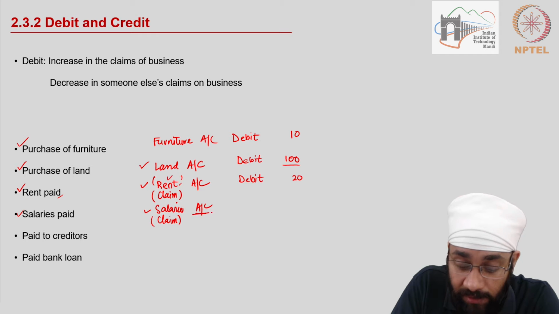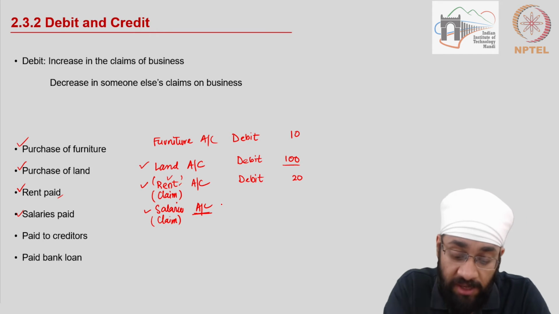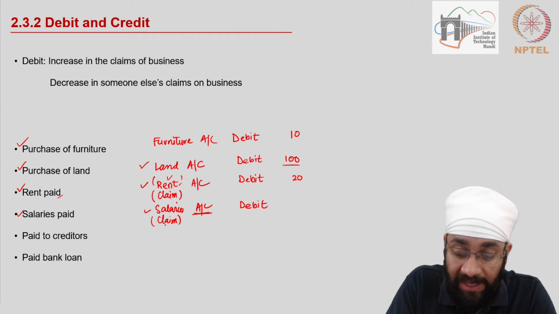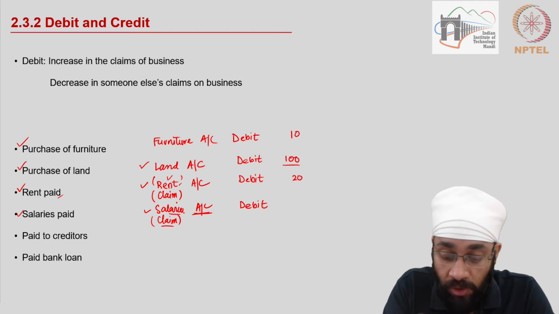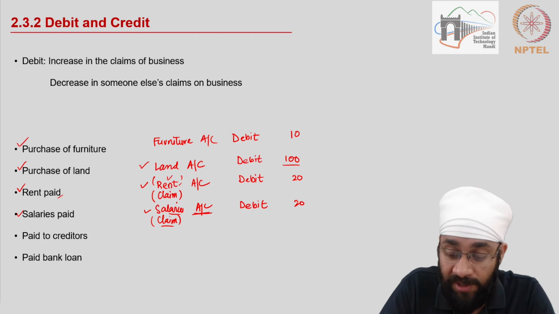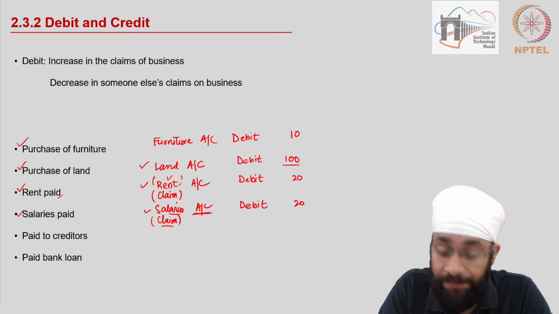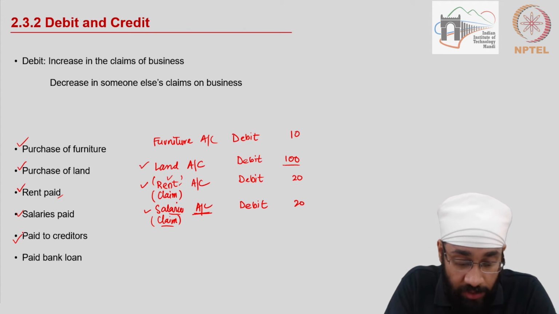In a notebook where you write all the transactions relating to salaries, you are going to write a debit. You're going to say, my claim on the services of my staff members has gone up, and I'm going to write a debit. And the value of this claim is 20 because that's the money I have paid to these people. Okay. Then you have paid to creditors.